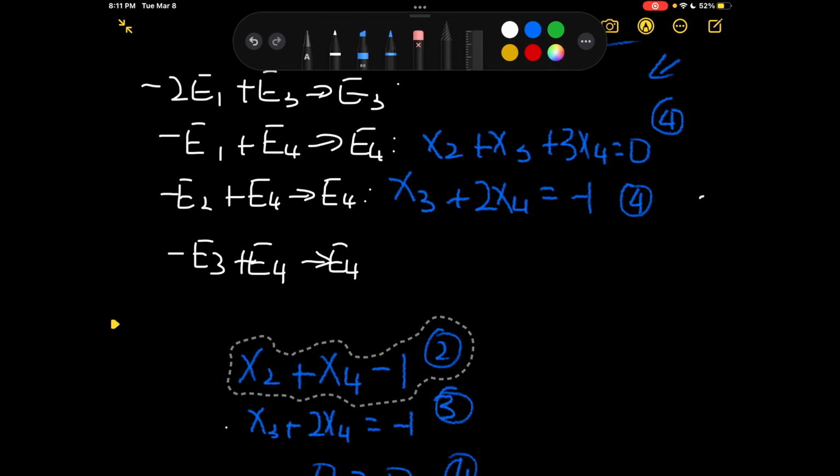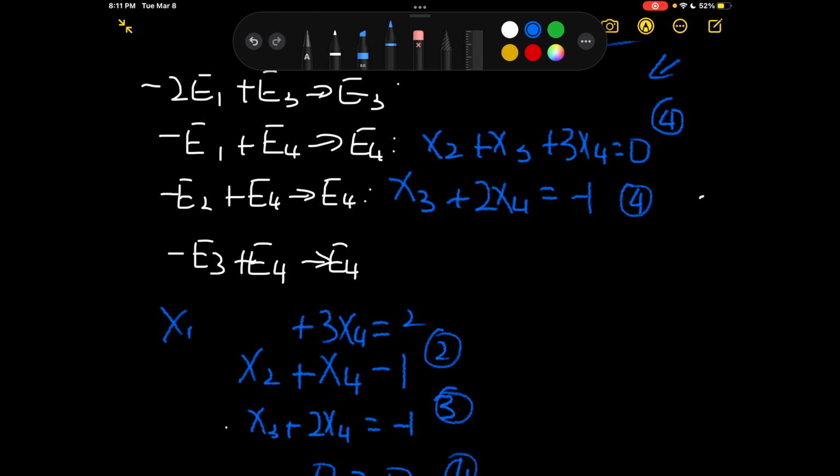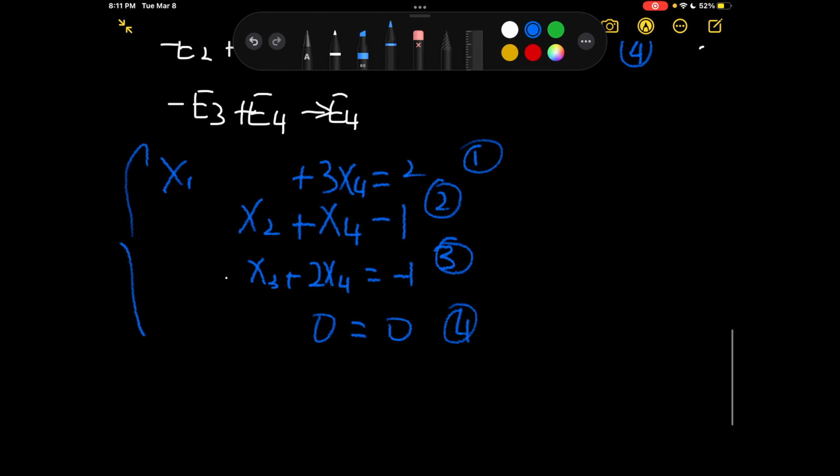Let me write it: x1 plus 3x4 equals 2. That's our new linear system.